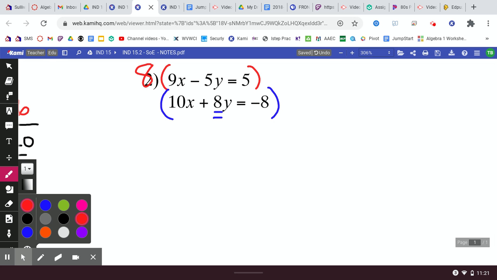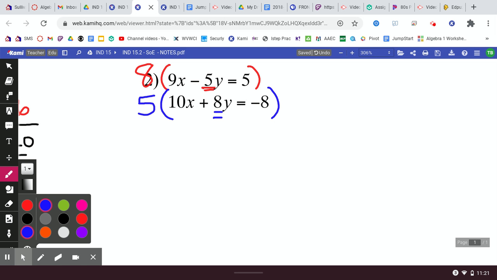Multiply it by the opposite coefficient that you're wanting to make disappear. Likewise, I'm going to look at my top equation and see that that is a 5, and I'm going to multiply my bottom equation by a 5. So I'm crisscrossing. Now, don't worry about it's a negative 5. That doesn't matter at this point. Just put your numbers there. 8 crisscrosses with the 8, 5 crisscrosses with the 5.